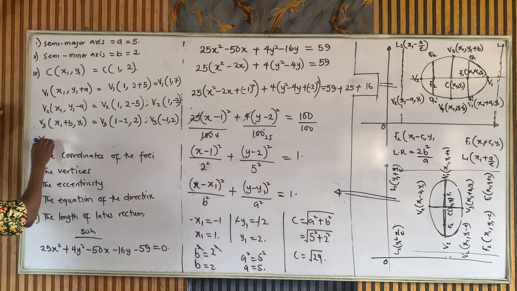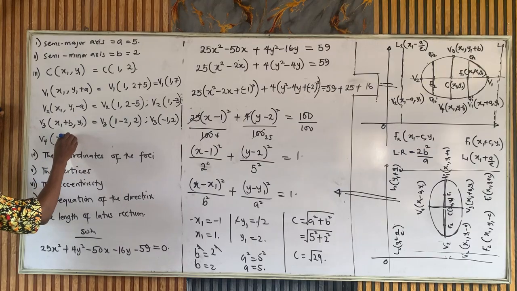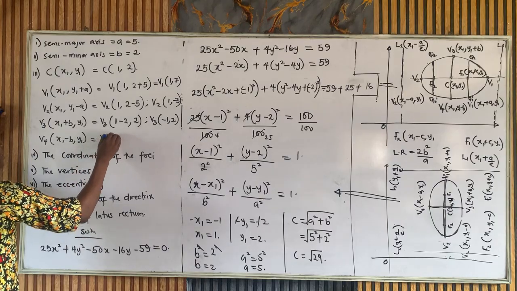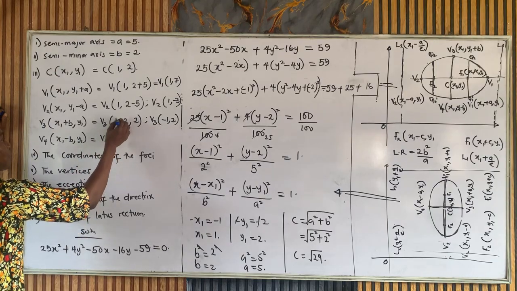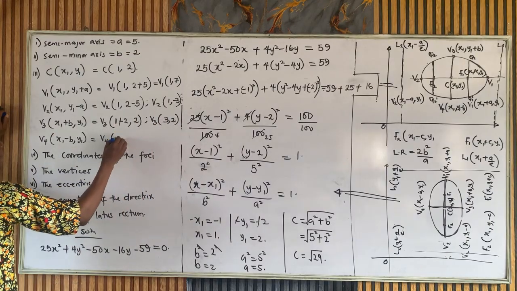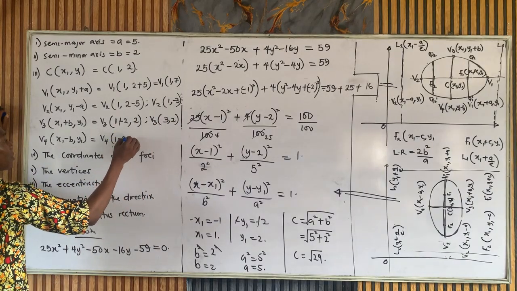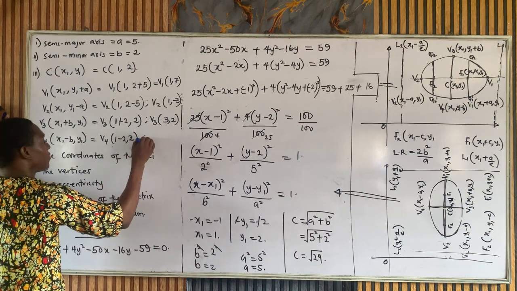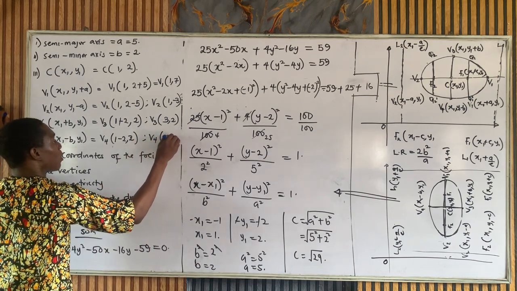And then our v4, which is x1 plus b, y1. That will be v4 being 1, this is plus, sorry, and that will be 3. And this is 1 plus 2 this time, 2, because y1 is 2. And that will give us v4 is 3, 2.